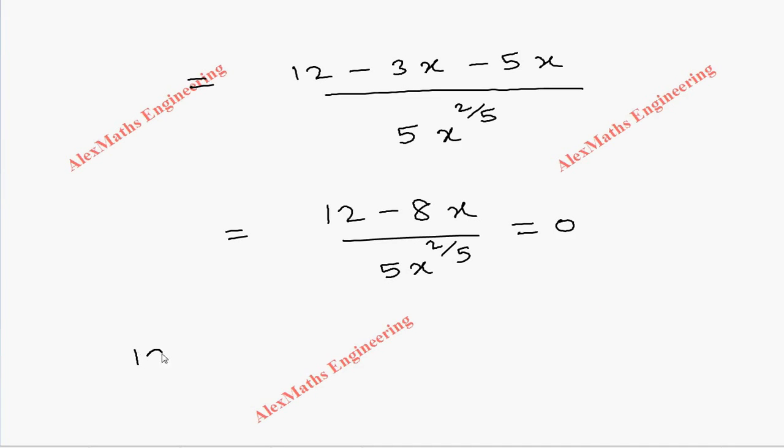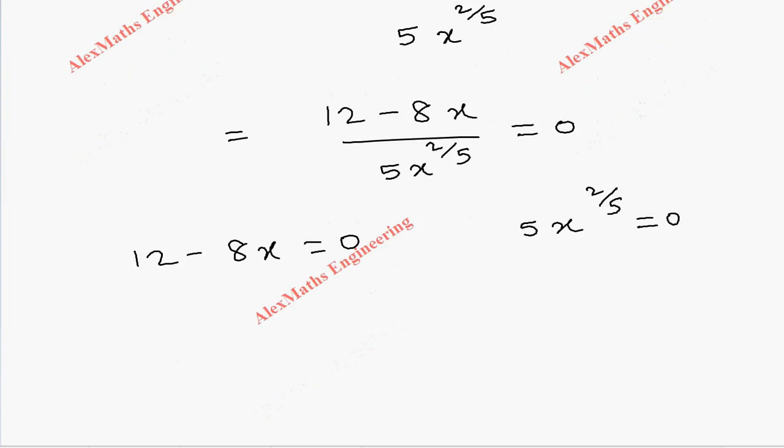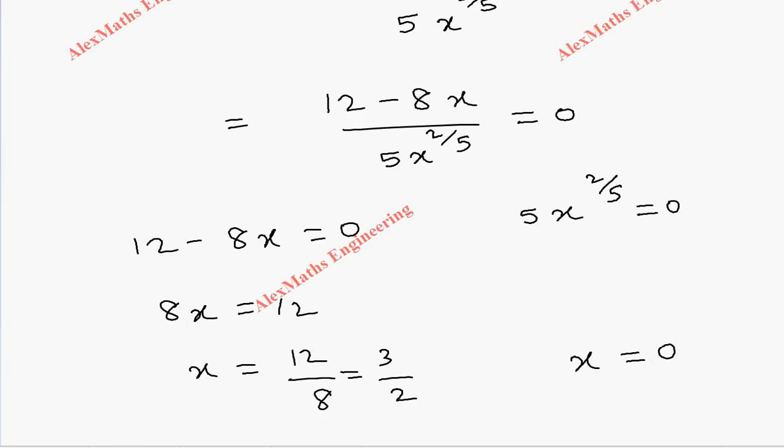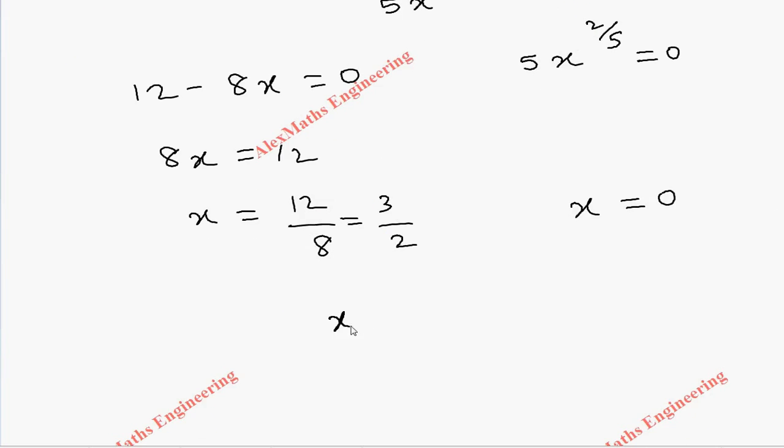For finding the critical value, we equate numerator separately to 0 and denominator separately to 0. By equating this to 0, we get 8x equal to 12 and x is equal to 12 by 8. After cancelling with 4 table, we get 3 by 2, and here x is 0. So we get two critical values. One is 3 by 2 and other is 0.